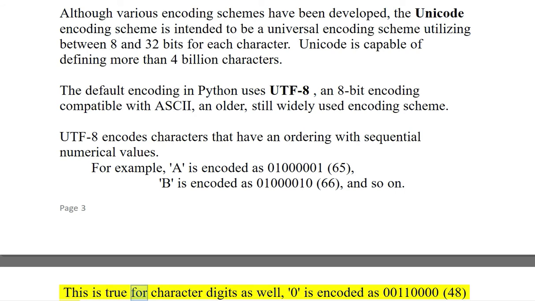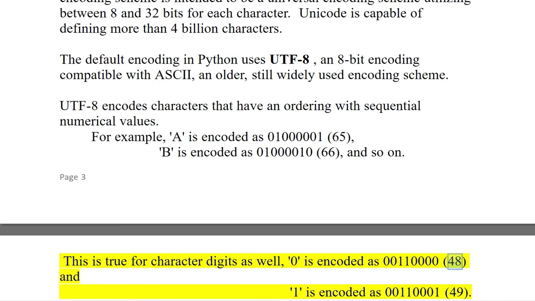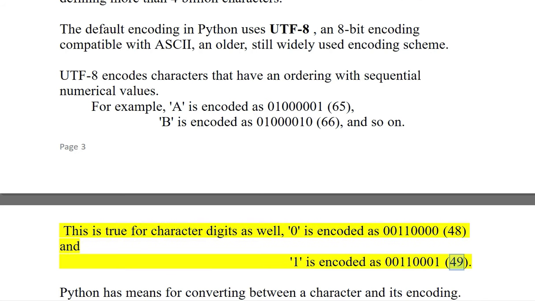This is true for character digits as well. 0 is encoded as 00110000, 48, and 1 is encoded as 00110001, 49.